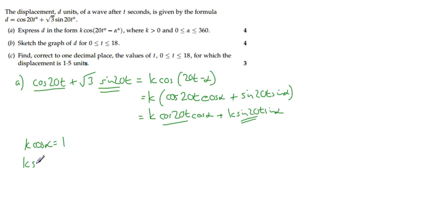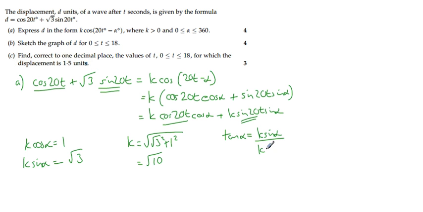So k sine alpha that's attached here has to be equal to root 3. k is going to be the square root of root 3 squared plus 1 squared, which is just root 10. And tan alpha is equal to k sine alpha over k cos alpha. Make sure those k's are there as well. Which is root 3 over 1 or just root 3.